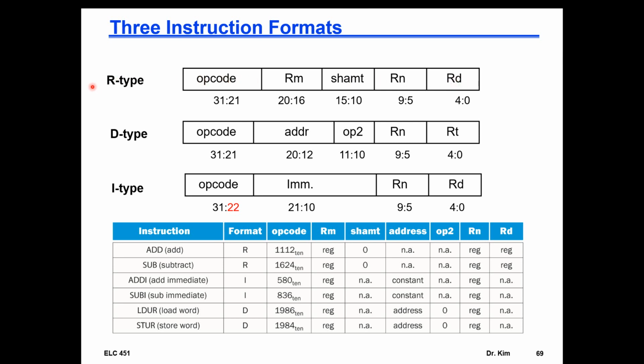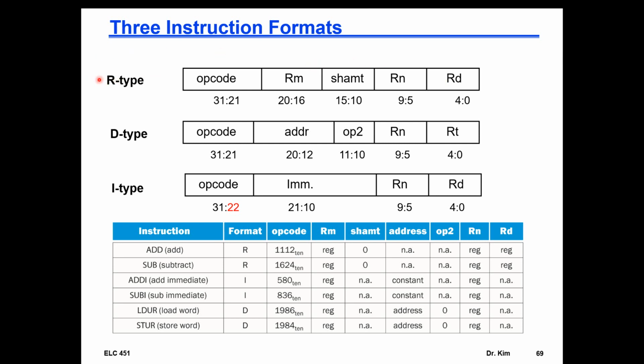These are the R-type instructions. Like when we add 2 registers and put the result in a destination register. So these are the fields: source, destination.